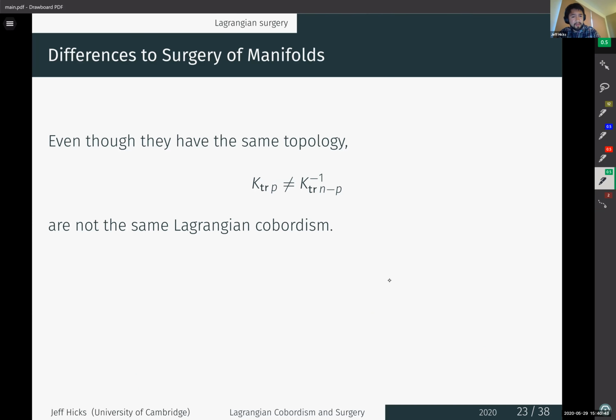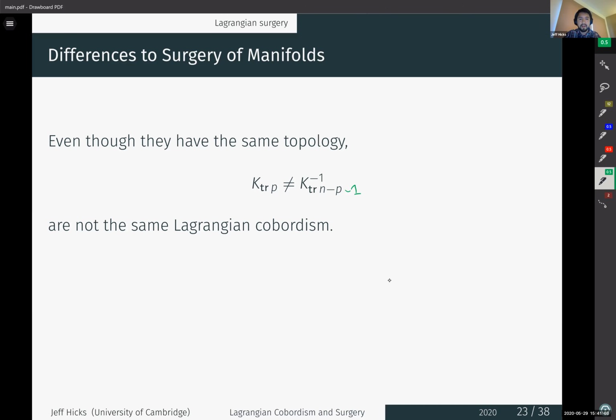Now, there's a key difference to surgery of manifolds for Lagrangian surgeries, which is that the trace of a p surgery is not the same thing as reversing the trace cobordism of an n minus p minus 1 surgery.